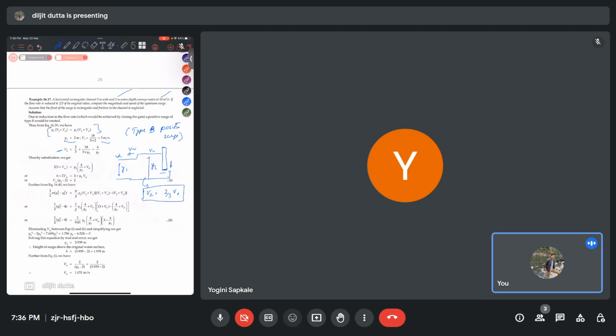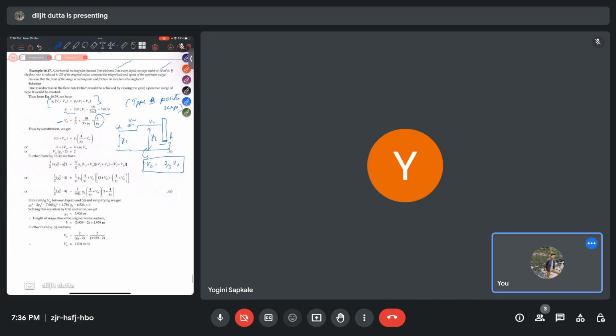So the initial depth is reduced to 4 by y2. Now let us substitute these values in the continuity equation. We will get a relation between Vw and y2. Now Vw into (y2 minus 2) is equal to 2.